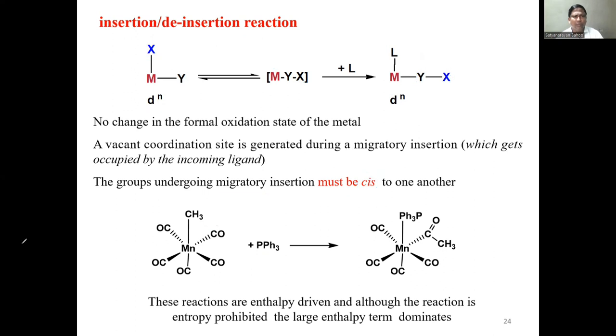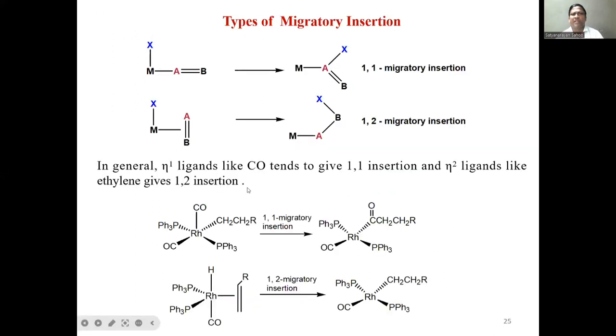Now moving back to the types of migratory insertion. This is either 1,1 or 1,2. Both are migratory insertions, but the ligands like carbon monoxide, which are eta-1 ligands, mostly show 1,1 insertion reactions, and the eta-2 ligands, like ethylene, undergo 1,2 migratory insertion.